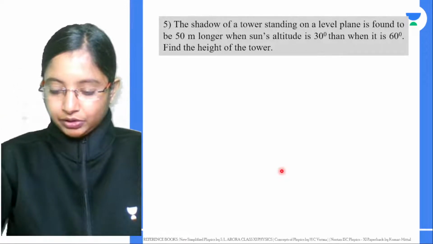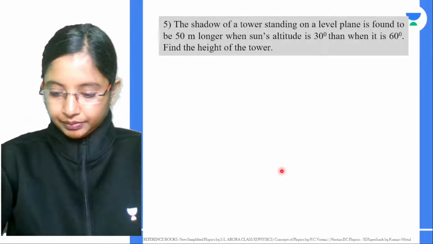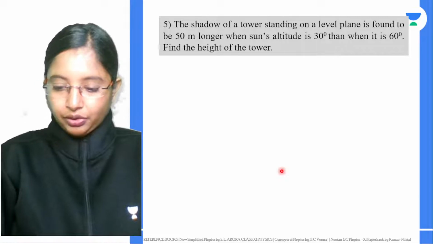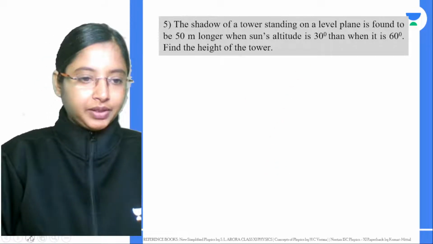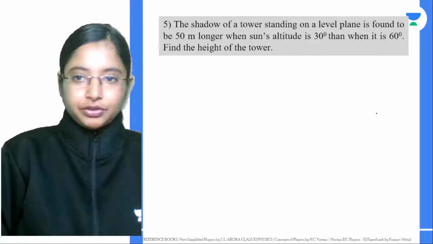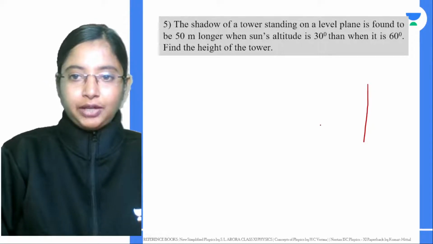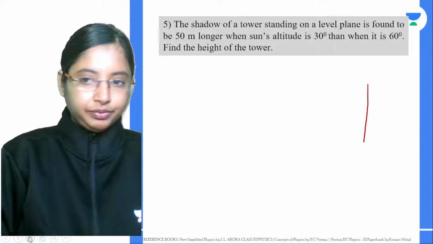Okay, let me start solving the question. Alright, so there is a tower. I'll just draw a straight line. There's a tower, and the tower's shadow falls down.